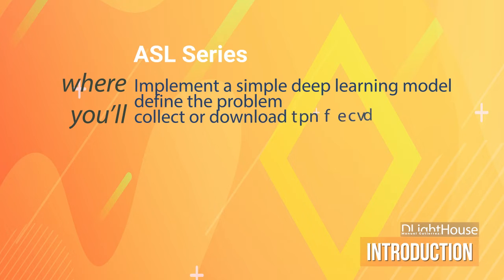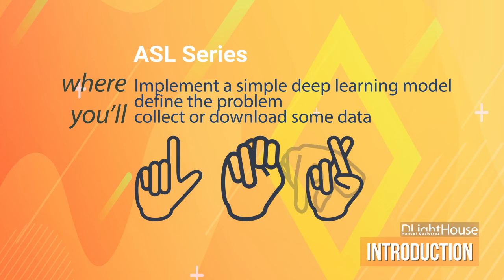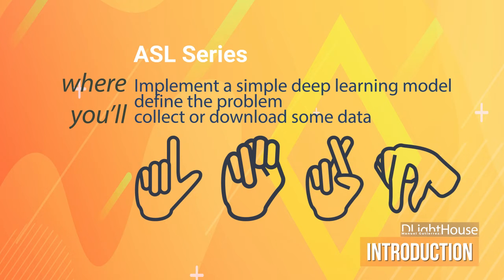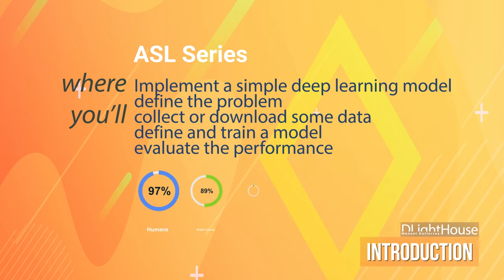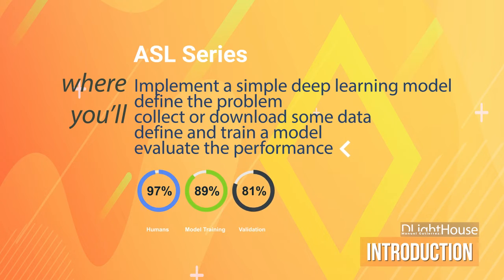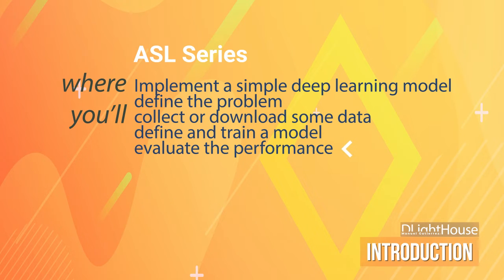Then, we collect or download some data representing examples of what we want to learn how to classify: images of hands representing the ASL fingerspelling signs. We define and train a model that can capture, learn, and classify the visual data. We evaluate the performance of the model to see how well it is classifying images. This video. Finally, we use the trained model for predicting hand signs.